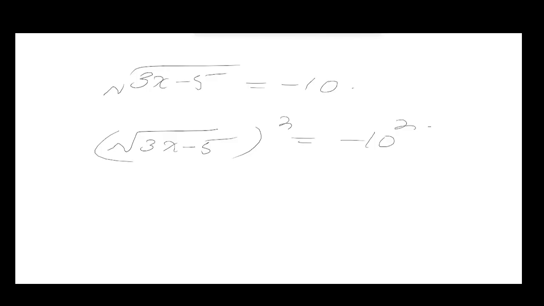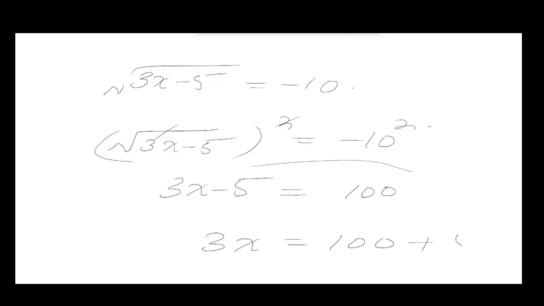Now the sign was negative at first, but when we multiply negative 10 with negative 10, the sign gets changed to positive, and 10 into 10 is 100. So we can write positive 100, and then the square will get cancelled with the root. So we can write 3x minus 5 is equal to 100. Now 5 will be gone to the right, so we can write 3x is equal to 100 added with 5, which we all know is 105.